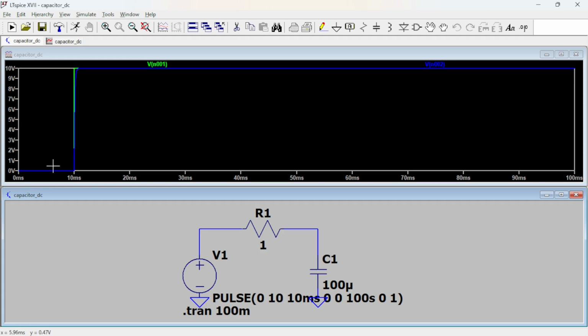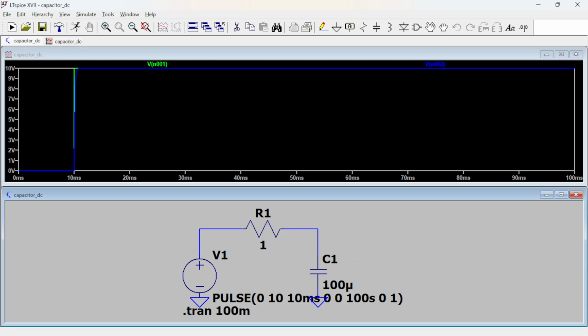It kind of follows the voltage of the pulse, except that you have some charging going on. It's pretty fast charging, but you can kind of see it. Green is the pulse and blue is the voltage at the positive plate. So it goes from 0 to 10 and stays there.